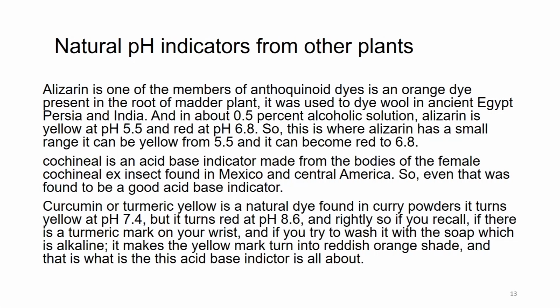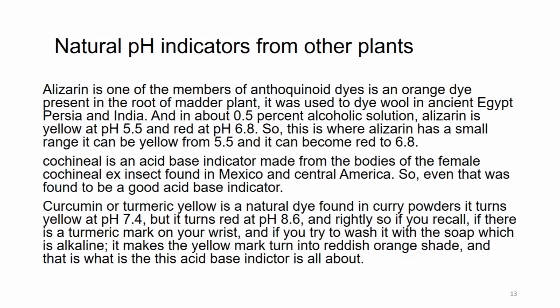Curcumin or turmeric yellow is a natural dye found in curry powders. It turns yellow at pH 7.4, but it turns red at pH 8.6. And rightly so, if there is a turmeric mark on your wrist and you try to wash it with soap which is alkaline, it makes the yellow mark turn into a reddish orange shade, and that is what an acid base indicator is all about.